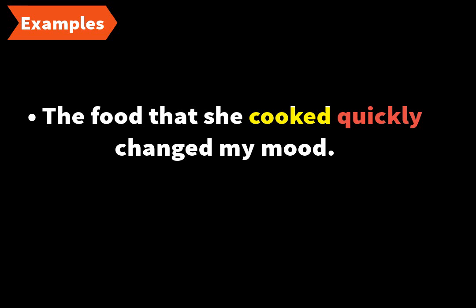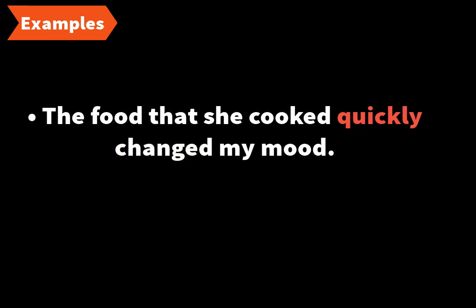I'm taking a pause after saying she cooked quickly. That means I intend to modify this action, cooking, right? But if I want to modify the action of changing, I'll focus on that. I'll put more stress on that. I'll say, the food that she cooked quickly changed my mood. So it is clear by putting the stress on the word that the modifier wants to modify. But that happens when you speak.